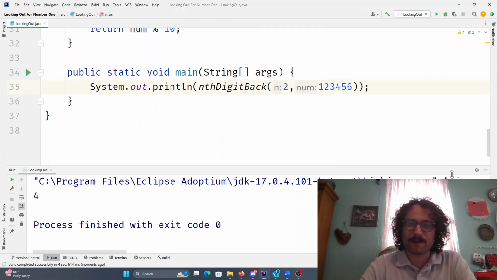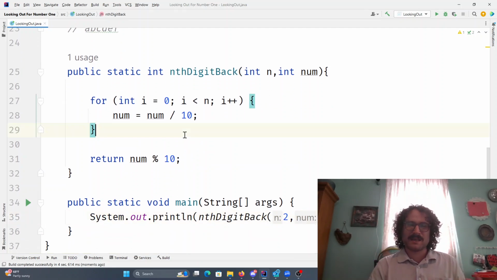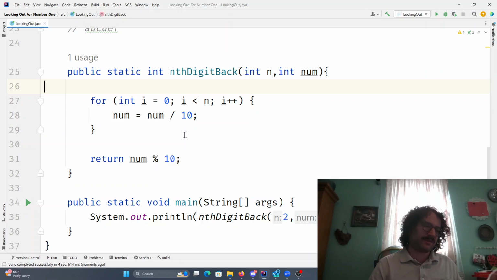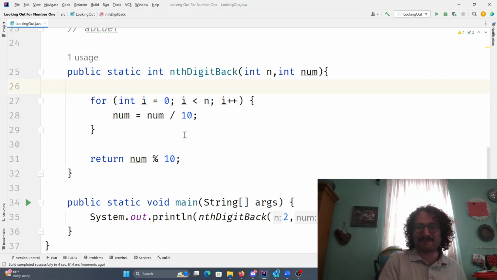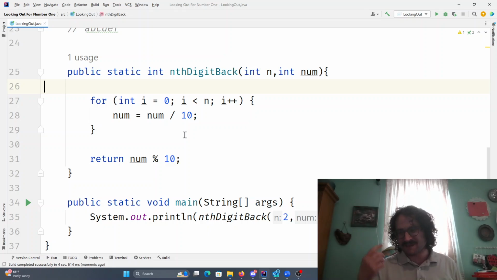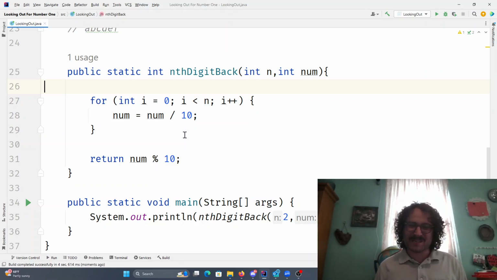There are a couple other ways we could do this, right? Since I mentioned that it was 10, we could try doing it with strings, although if we try doing it by converting it to a string, it gets messier than the next one will be, because you have to do a lot of converting.